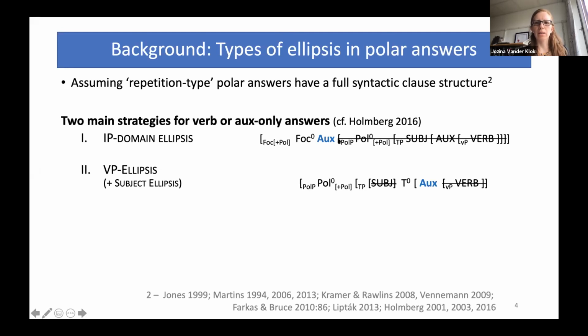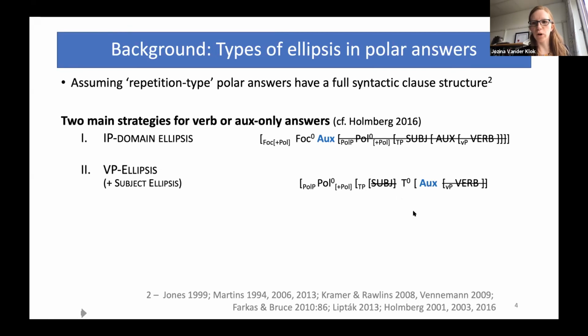So with IP domain ellipsis, you are eliding a larger constituent, which includes the polarity phrase, and you'll notice that the auxiliary or verb, whatever moves, is high in the left periphery. This is compared to VP ellipsis, where the auxiliary verb remains low.